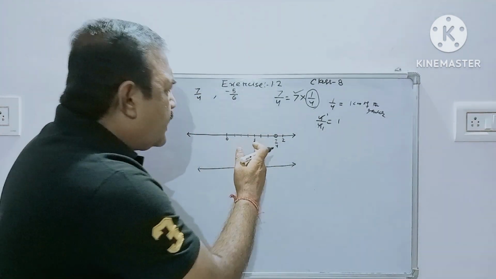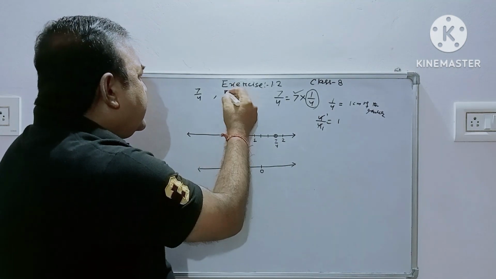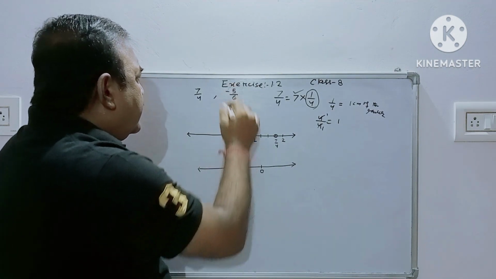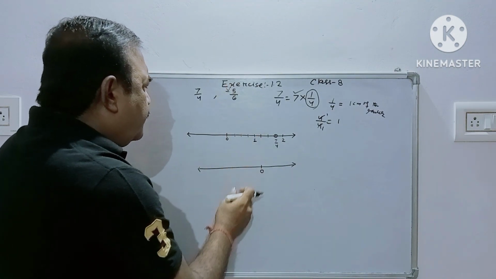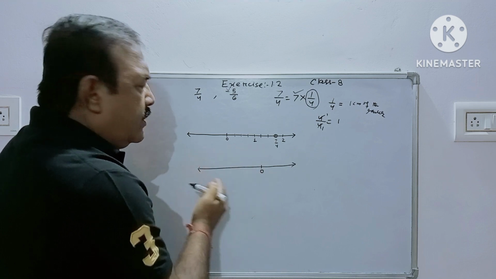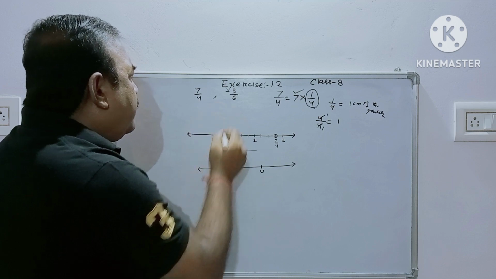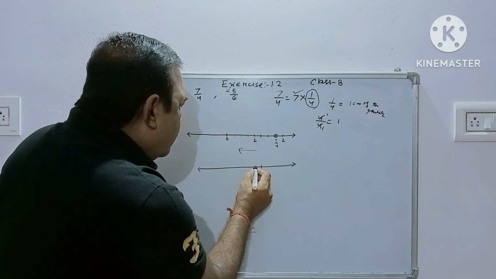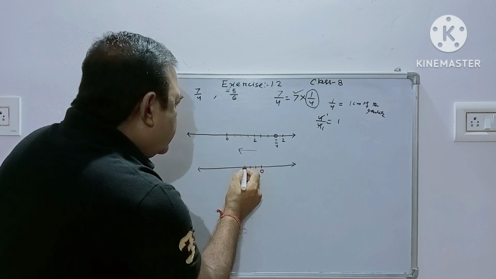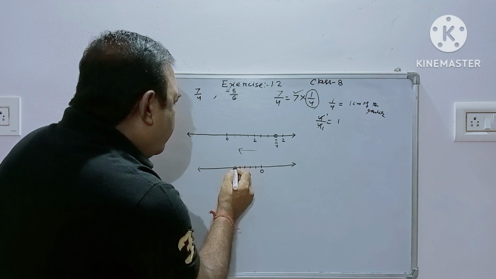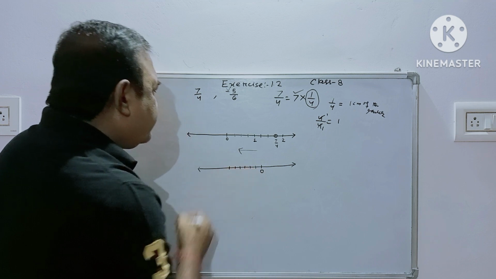Either I will move towards the right of 0 or the left of 0. This sign, the negative sign, indicates that we will have to move towards the left from 0. In this side we will have to move. So you see how many divisions? 6 divisions. 1, 2, 3, 4, 5, 6.